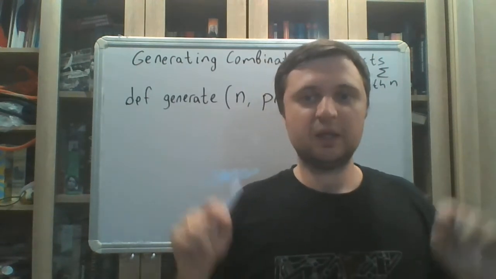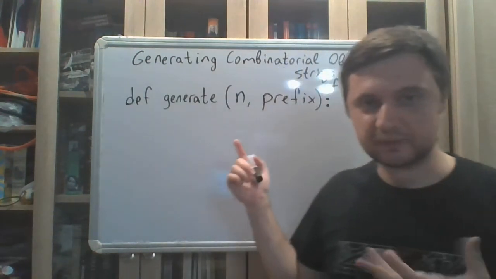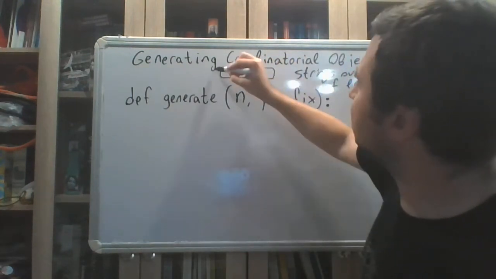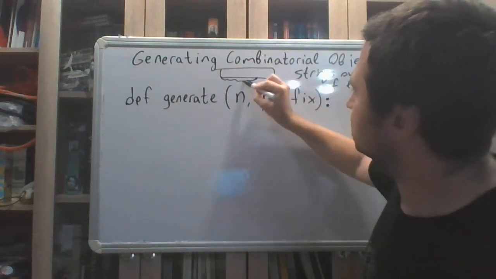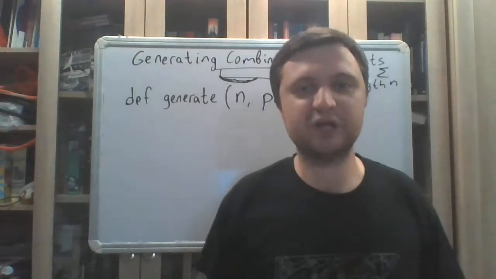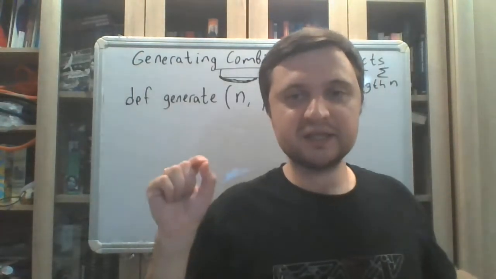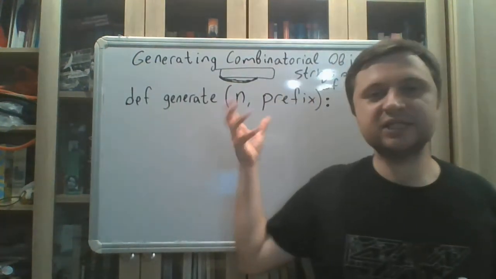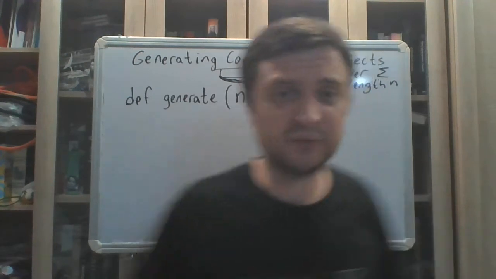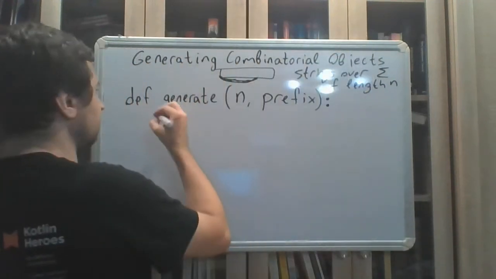The word prefix means, as I hope you know, the beginning of some array. The first several elements of an array are called a prefix. And this is the ideology of the function that we are to write. Actually, I can write it as documentation.